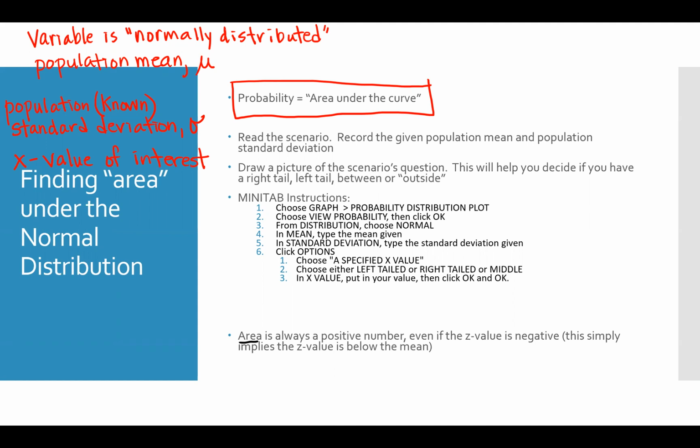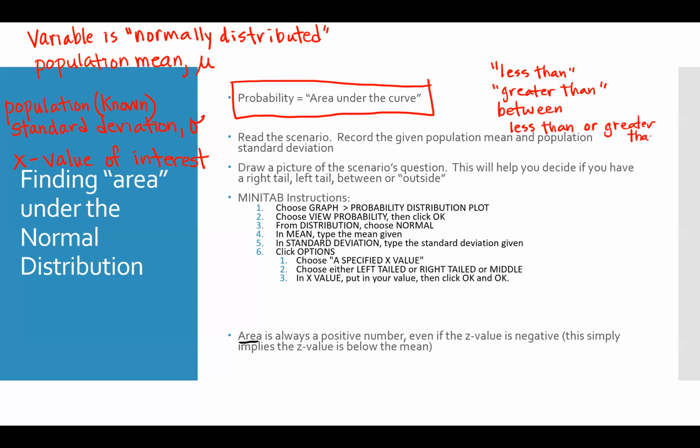You also have to look for words like less than, you could have greater than, you could have between, you could have less than or greater than in the same sentence or the same statement.